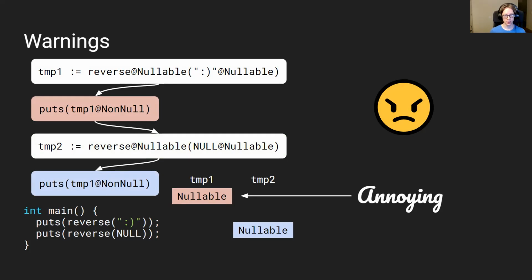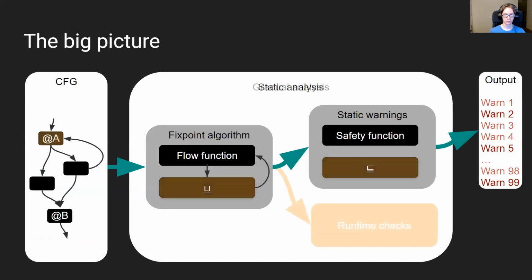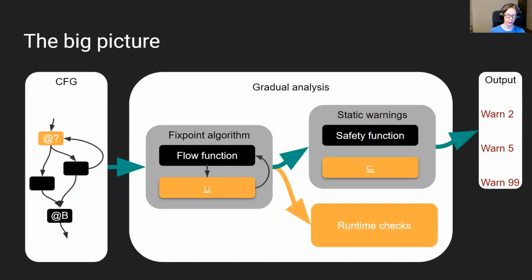Rather than making it context sensitive though, which is a bit computationally expensive, we are going to adjust our view of what static analysis is. We're going to turn it into gradual analysis. So in the next section, we're going to talk about the top 3 orange things that I highlight here, which is lifting the semi-lattice.